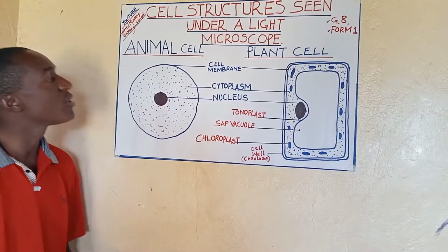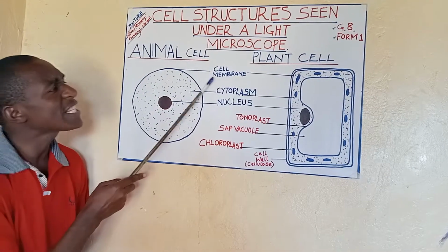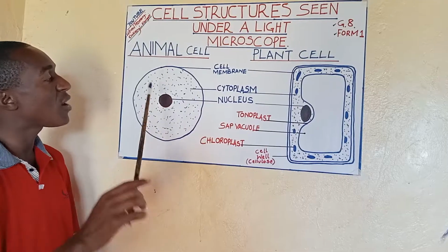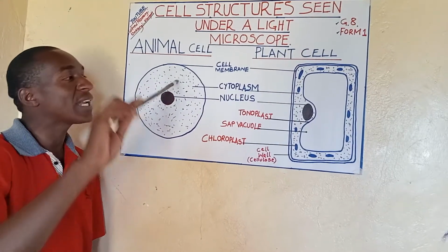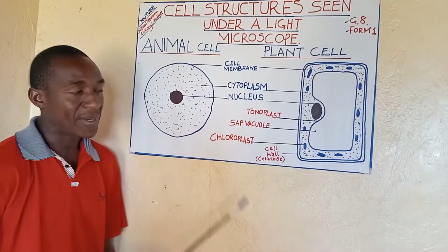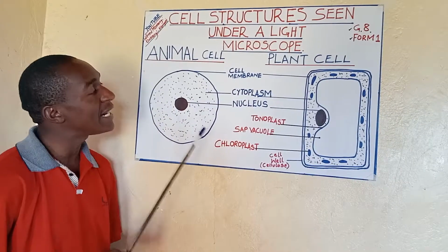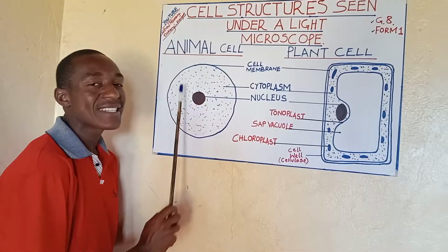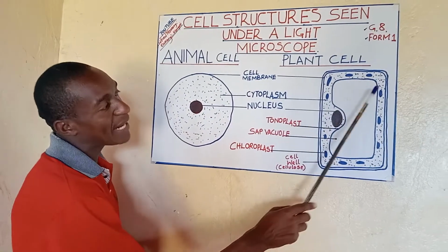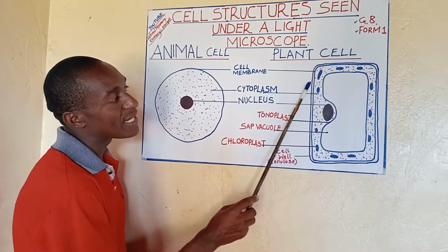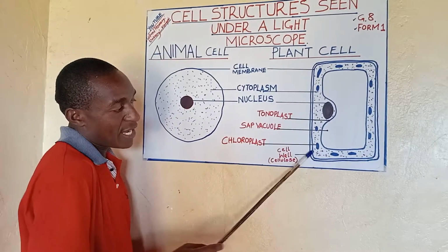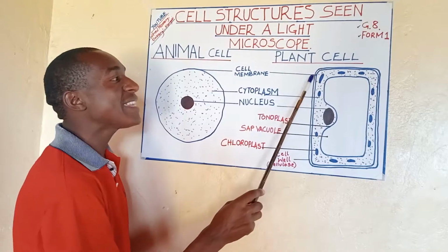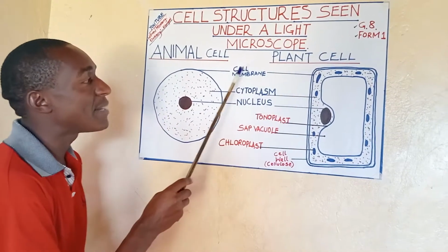Let us go straight to the first part. The first part is the cell membrane. The cell membrane is found both in the animal and plant cells. But now something very important here, my learner. The cell membrane is the only membrane in the animal cell. But in the plant cell, we have two. There is the one on the outside, which we are calling the cell wall, cellulose cell wall, and then the second one is the cell membrane.